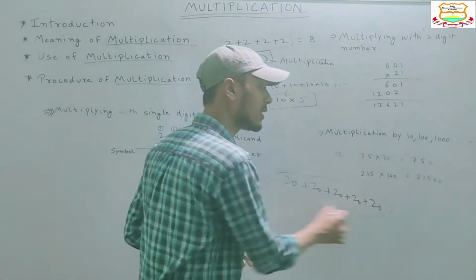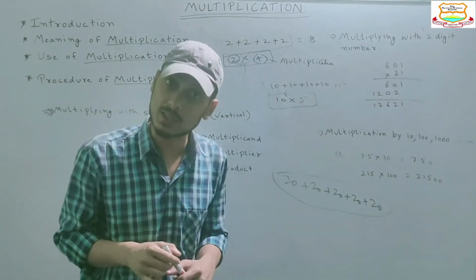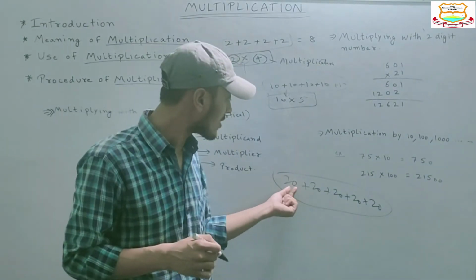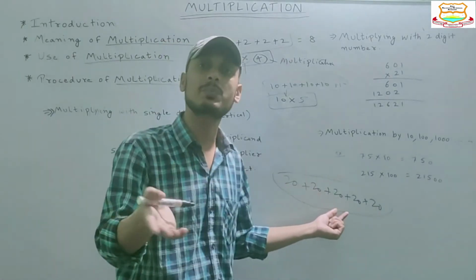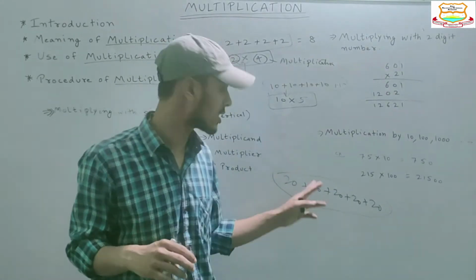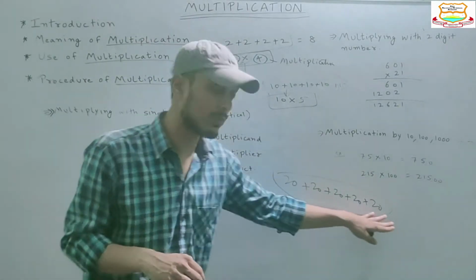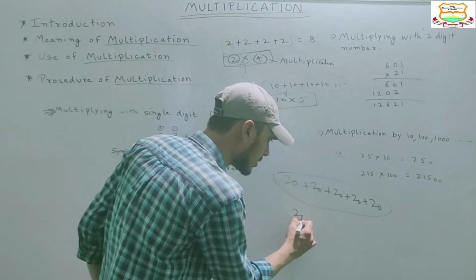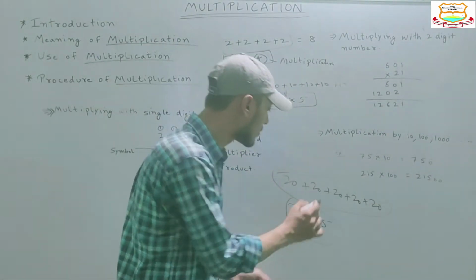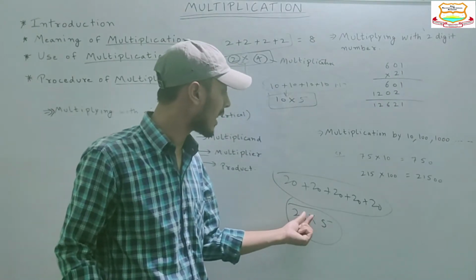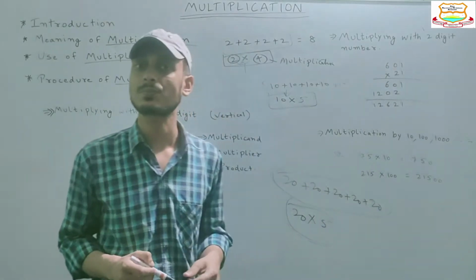By adding 20 five times, you can calculate the cost of 5 markers. Here a particular digit, 20, is being added again and again. In mathematics, such a phenomenon can be represented as 20 into 5. The meaning of this is that 20 is being added to itself 5 times.